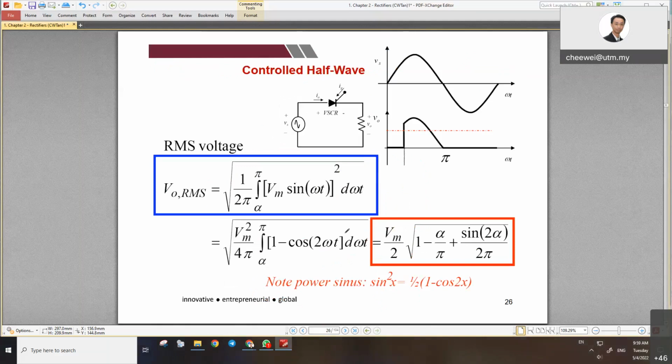Again, these are all the equations you need to remember. But to calculate, you need the help of a calculator because it's difficult to derive. If you want to derive it also, you need the help of trigonometry and the expansion of sine, because you have sine to the power of 2.